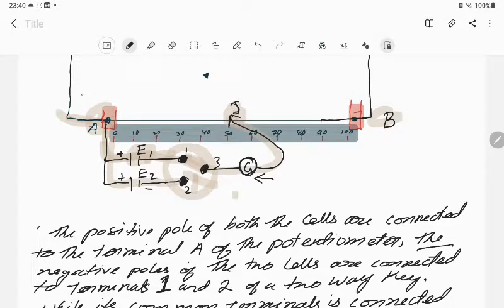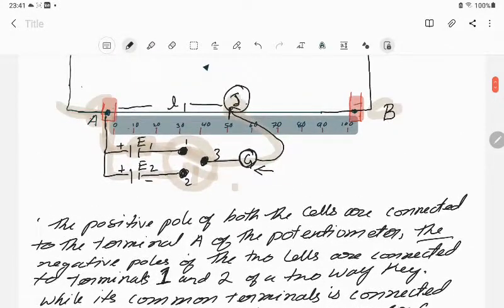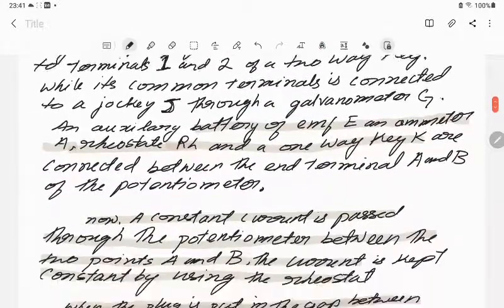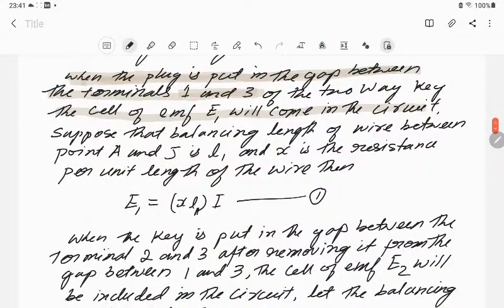So let's say this point J is the balance point, which is at a distance, let's say L1. Let's say here at this point we find the balance position, and this length is L1.